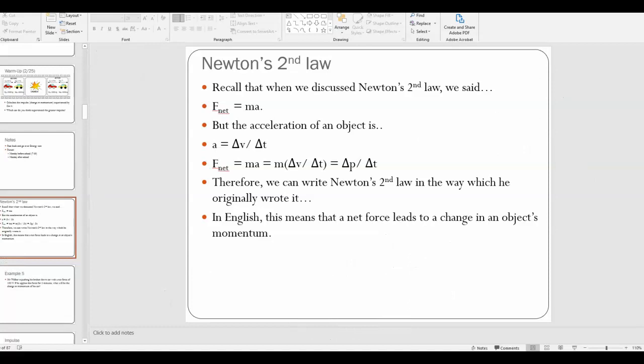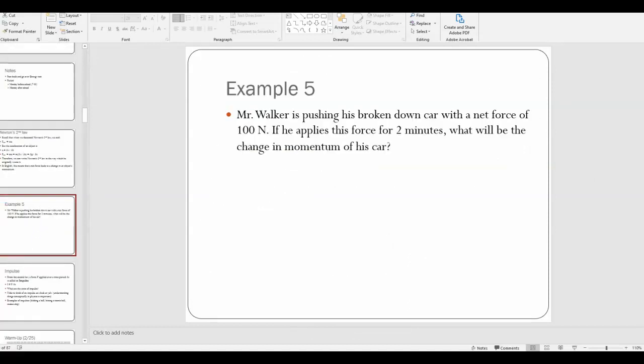Just to do a simple example, example 5. It says Mr. Walker is pushing his broken down car with a net force of 100 newtons. If he applies this force for 2 minutes, what will the change in momentum of his car be? Because of the impulse momentum theorem, I know that impulse is equal to change in momentum.